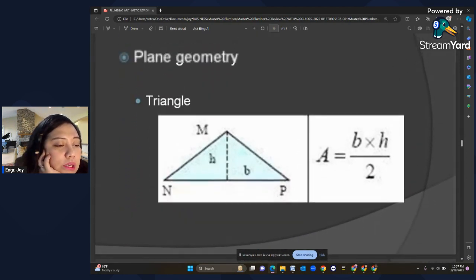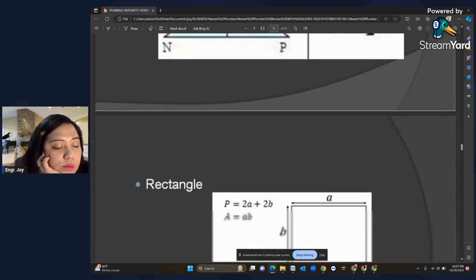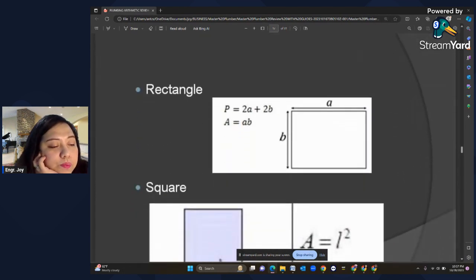Plane geometry. Triangle is equal to base times height over 2. Base, so this is base, then height over 2. Rectangle. So, yung rectangle, pag sinabi natin na P, that is perimeter, 2A plus 2B.